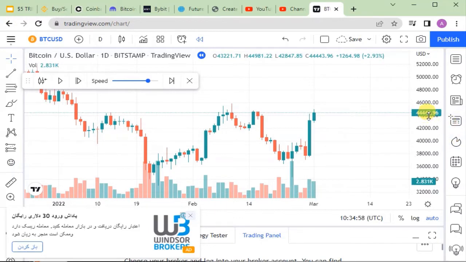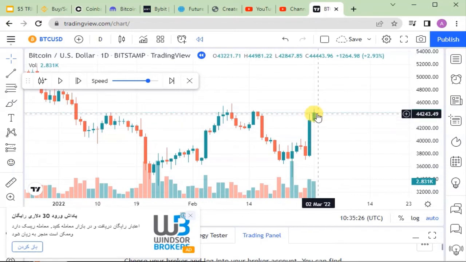I know the price is still going to come back and then rise up again. So instead of using the market order, I will use the buy limit, and I'm going to set this point, assuming $38,000 US.